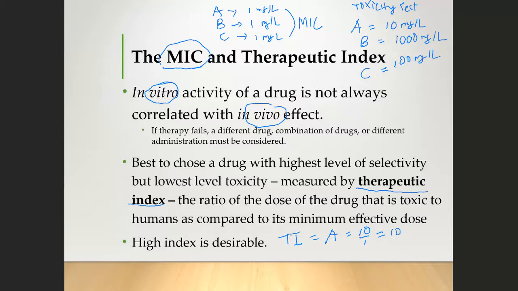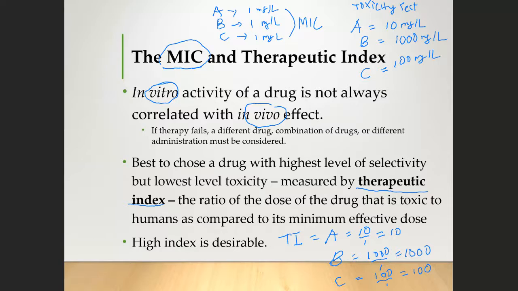So the index will be 10. B will be 1000 divided by the MIC of 1, and the result will be 1000. And C is 100 divided by the MIC, which is 1, so the result will be 100 TI.